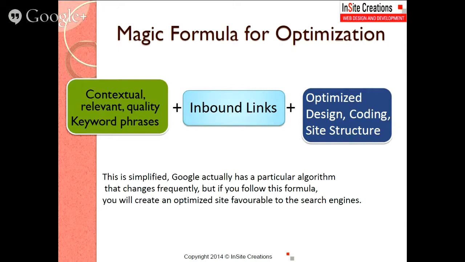So the more inbound links, or the more times your content is being shared, Google sees this as, oh, that's pretty interesting, this site must be worth looking at. And therefore, the more interest a site has, they're going to say, okay, this site must be favorable with respect to whatever subject area they're talking about.